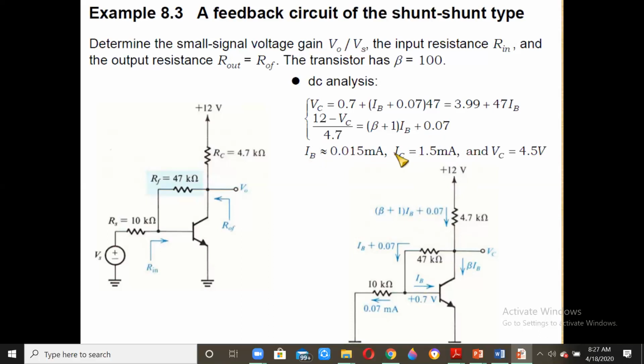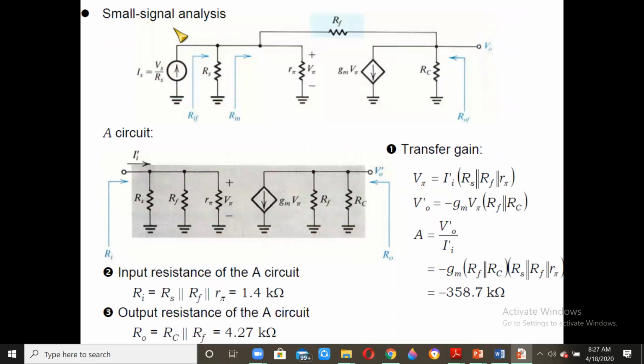Having found IB, IC and VC from the DC analysis, now we go for the small signal model. At the input side we replace the source by a current source in parallel with the internal resistance RS.